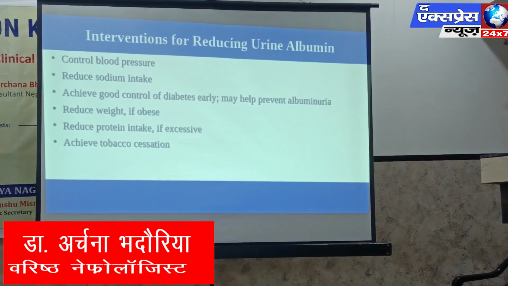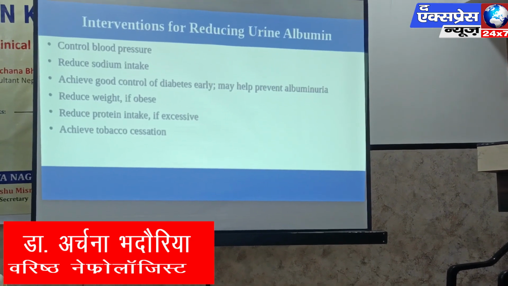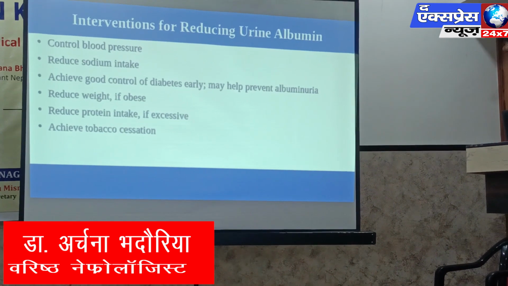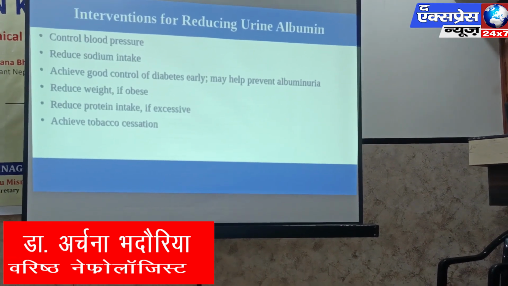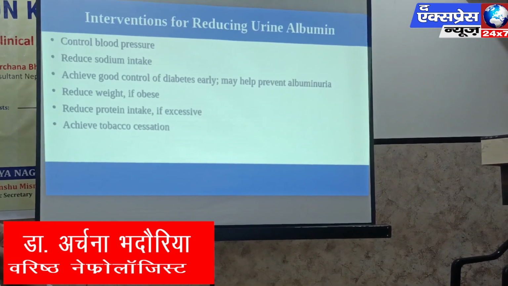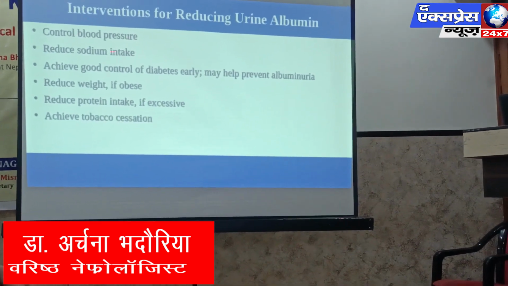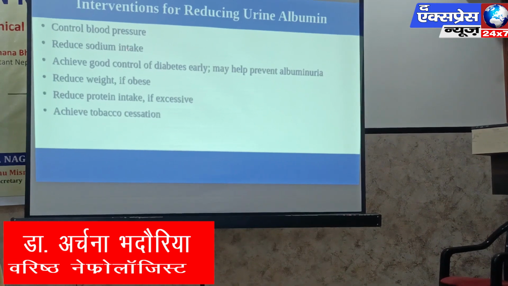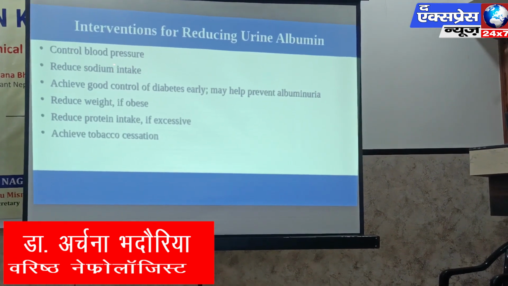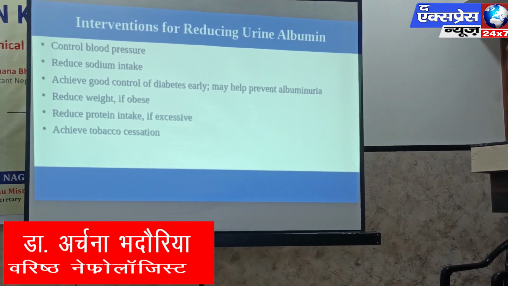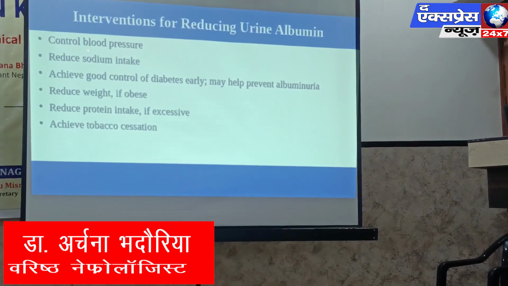If we do some interventions to prevent or reduce urine albumin secretion, what can be achieved? How can we do that? We can do that by controlling blood pressure and reducing our sodium intake, because even those people who take a lot of salt start throwing proteins in the urine.